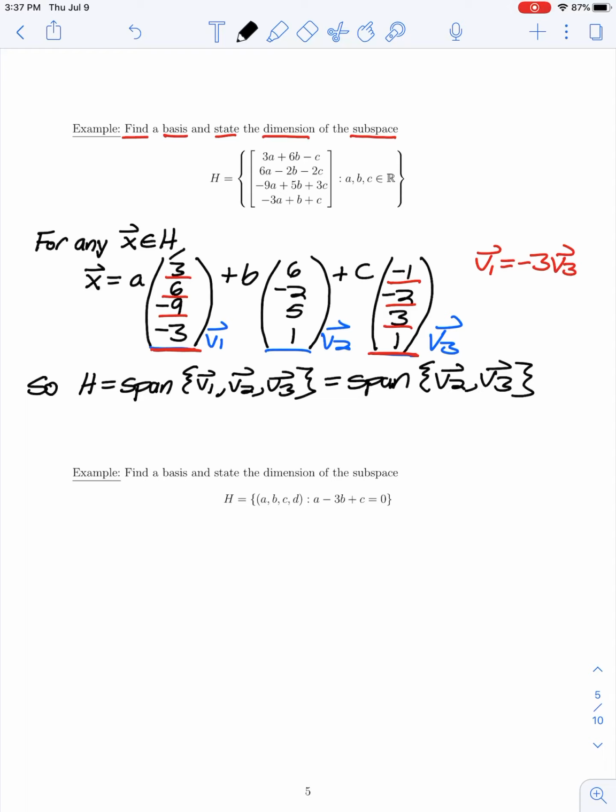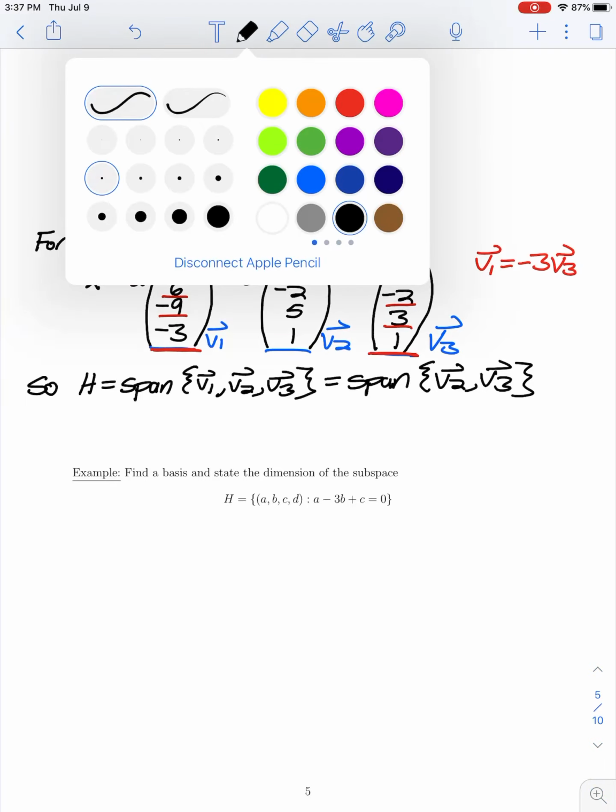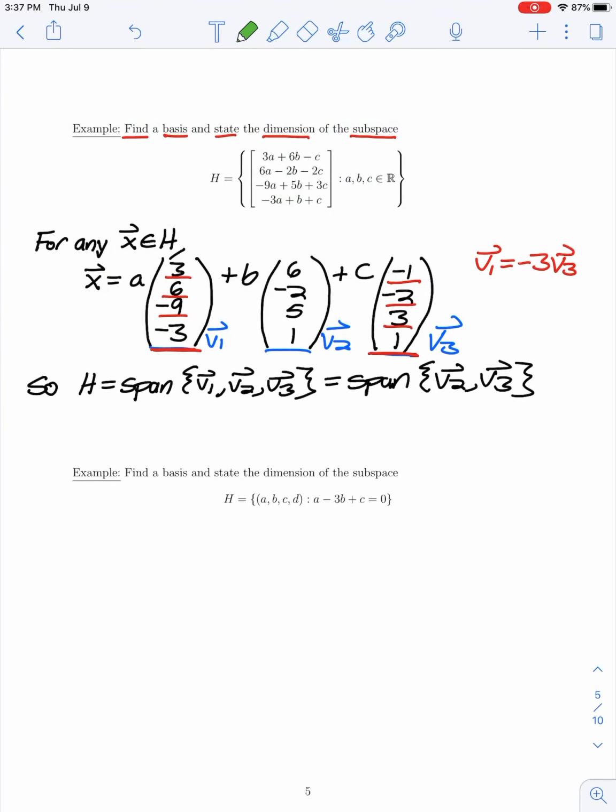Now comparing the vectors V2 and V3, we can see pretty quickly that they are linearly independent, because if we look at the second components, well, the second components are identical, so if these two were scalar multiples of one another, that scalar would have to be 1, but we see that the first entries are not that same scalar multiple of one another. So here H is the span of the vectors V2 and V3, and V2 and V3 are linearly independent.